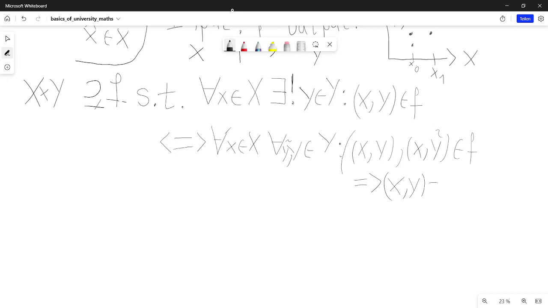And recall what the equality of ordered pairs was. It just meant that the first is equal to the first, the second is equal to the second. So that y is equal to y tilde. And this is just like a fancy and abstract way to write this here. And what does that mean? Well, that means exactly what we said above. The assignment for each x of a y is unique. But how exactly does it work?